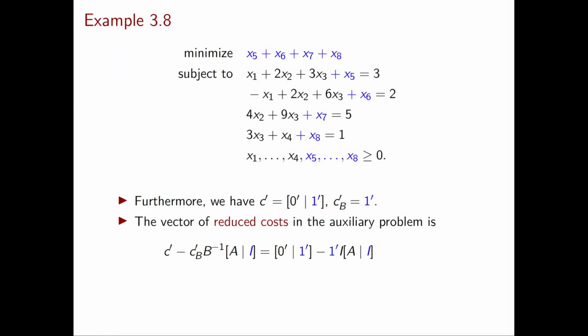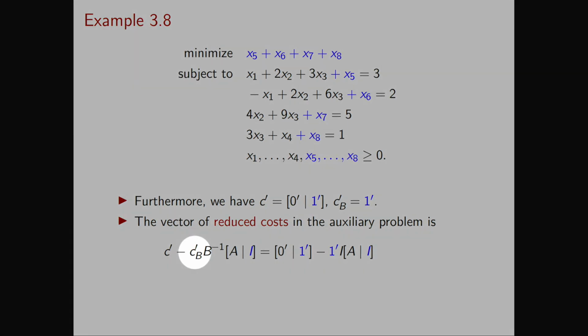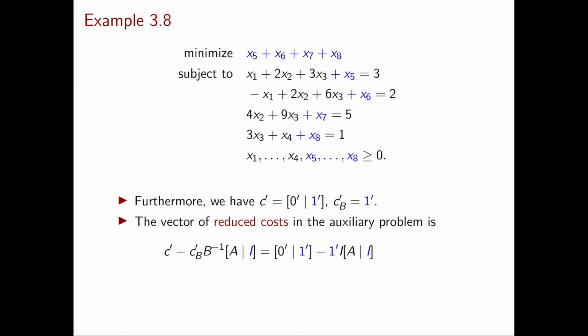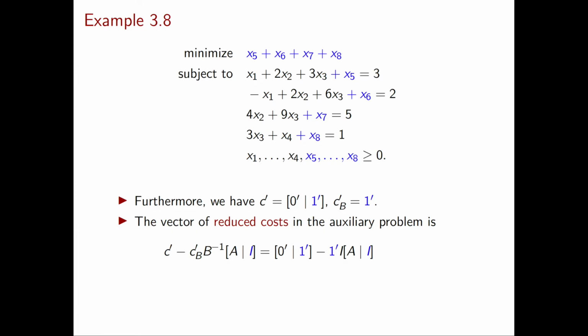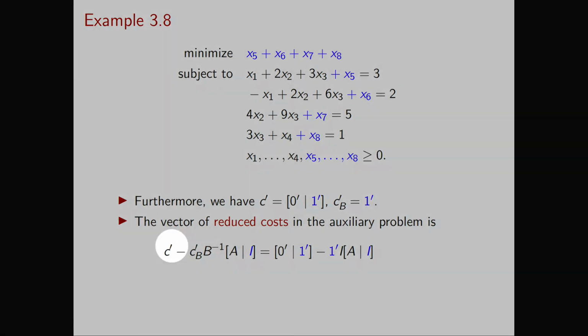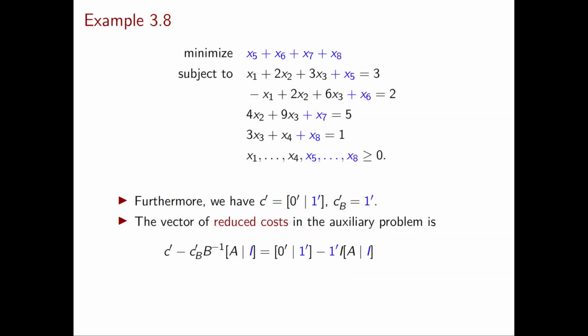Then in our formula for the reduced costs, we have cB transpose. So what is this vector? This is the subvector of the basic components of c, and since the basic variables are exactly the auxiliary variables, we have that cB transpose is equal to 1 transpose, so the vector of all ones. We can now substitute c transpose and cB transpose in our formula for the reduced costs.